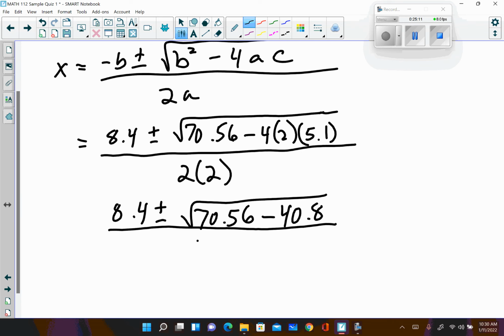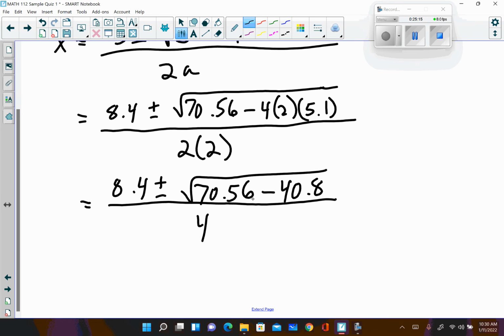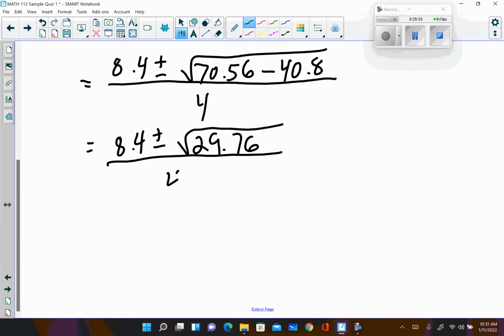And it's all over 4. Now we'll do the subtraction: 70.56 minus 40.8 is 29.76. And this is all over 4.